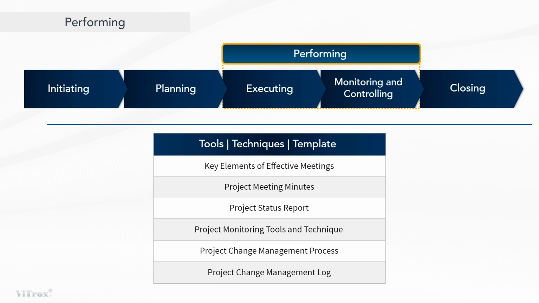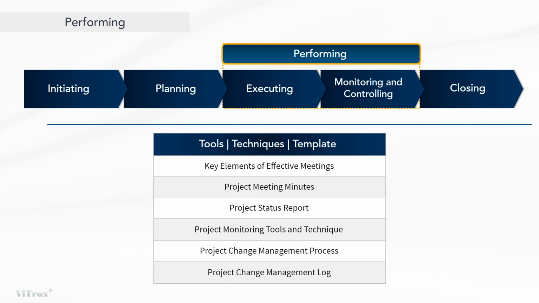Various project monitoring tools and techniques are utilized to collect data and track performance. This includes project management software, progress reports, and key performance indicators. The project change management process includes steps and procedures to assess, review, and implement changes in a controlled manner.